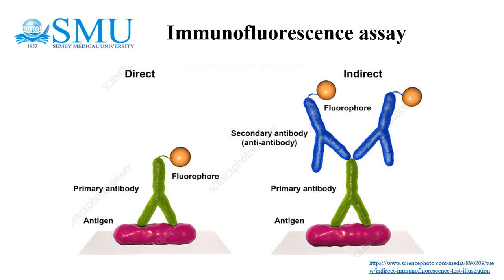The fluorescent dye is used to conjugate the antibody, and such labeled antibody can be used to detect the antigens or antigen-antibody complex on the cell surface. The fluorescent compound commonly used is fluorescein isothiocyanate. And the types of immunofluorescent assay: first, direct.